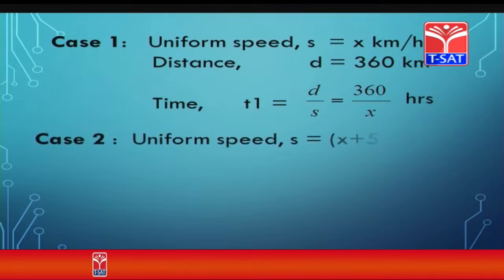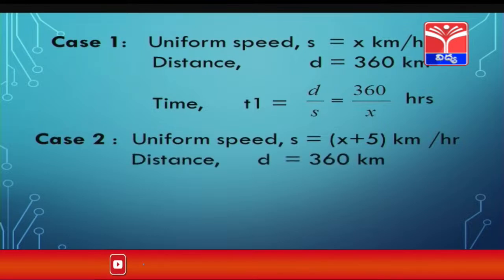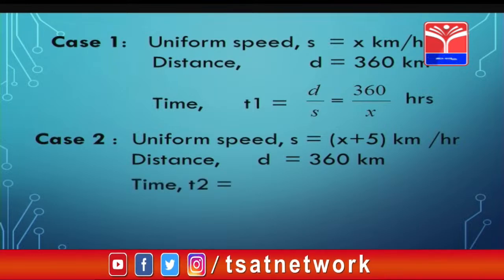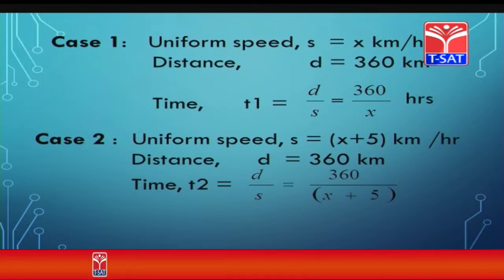So, that comes for case 2. Now, our speed becomes s is equal to x plus 5 kilometers per hour, but the distance remains same, which is d, that is equal to 360 kilometers. So, now our time t2 can be taken as d by s, which is equal to 360 by x plus 5 hours. In the question it is given the train would have reached 1 hour before.